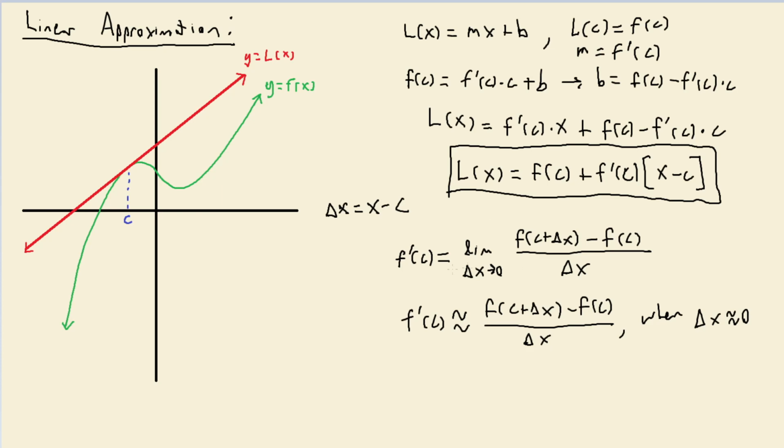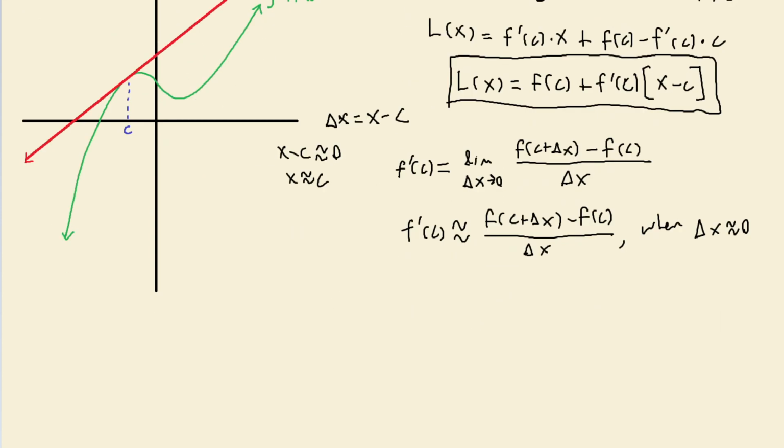Once again, if the limit as delta x approaches 0 of this expression is equal to f prime of c, then f prime of c should be approximately equal to this expression when delta x is approximately equal to 0. And what does it mean for delta x to be approximately equal to 0? That would mean that x minus c would be approximately equal to 0. And this is the exact same thing as saying that x is approximately equal to c.